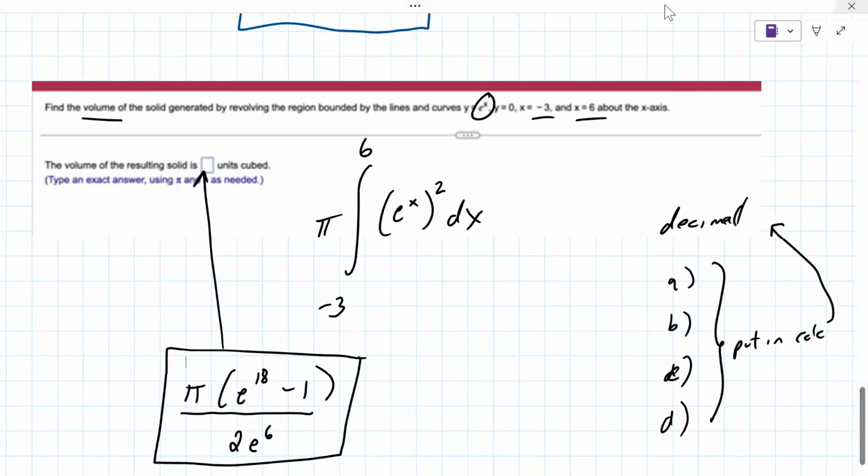Your calculator will give you 255,654 point whatever. On the test, you're going to get that number, and then go to the answers. You'll say, oh, that one's an A, so you'll put that in your calculator, and hopefully it's that number.